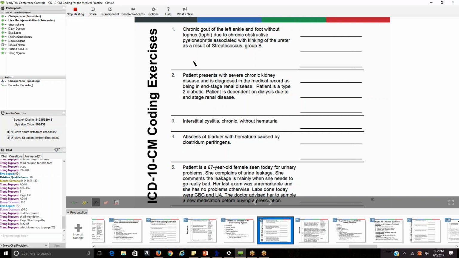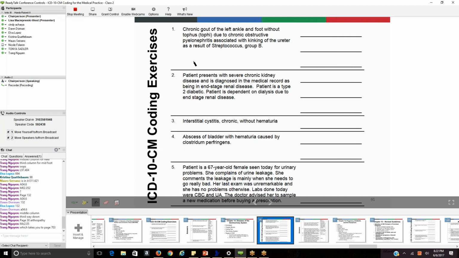So here's what we're going to do, because I do want to be able to get through the rest of these chapters and have plenty of time for Chapter 19. We're going to do a team approach here. I would like Christina and Trang to look up the code for the chronic gout, and in the chat put the page that you can find it on and the code. Then Cindy and Dawn, I want you to look up the chronic obstructive pyelonephritis.